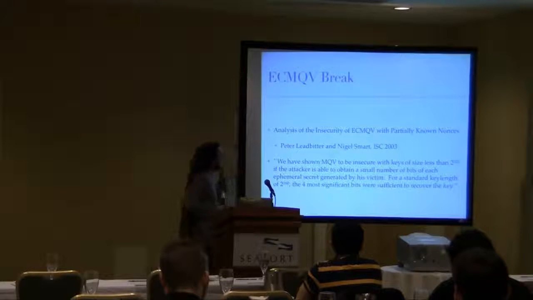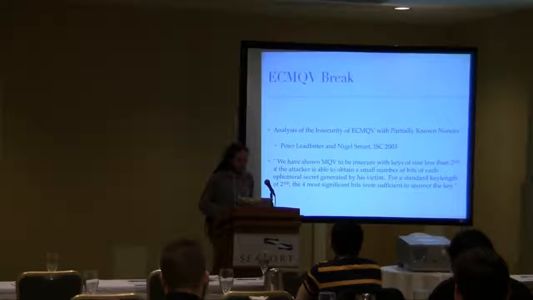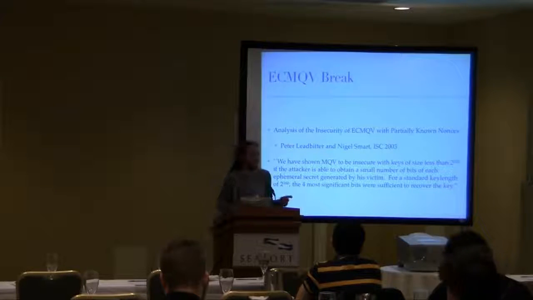In any case, they found this if the attacker is able to gain a small number of bits of each ephemeral key generated by his victim. In our case, we know all of them, every last bit, because we can generate a lookup table between them. And for a key length of 2 to the 160th, the 4 most significant bits were sufficient to recover the key.